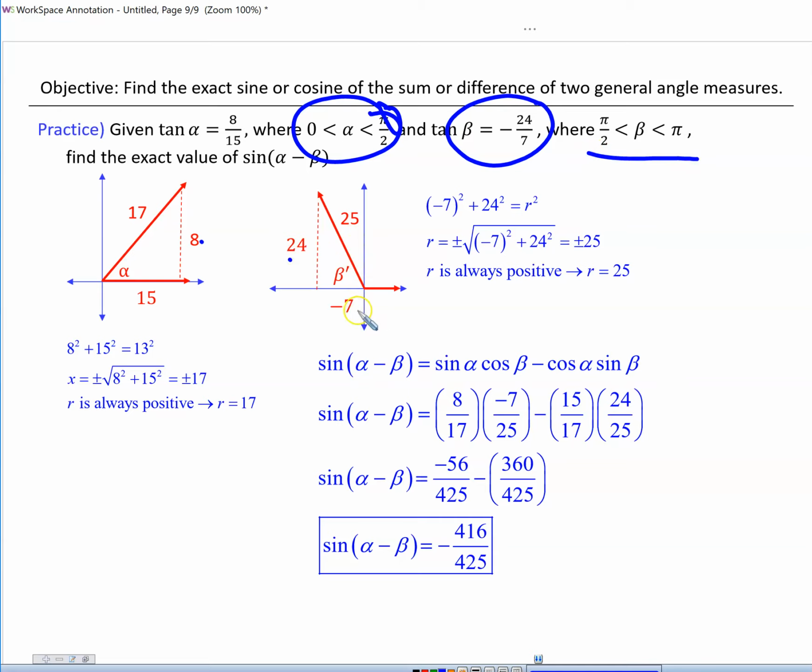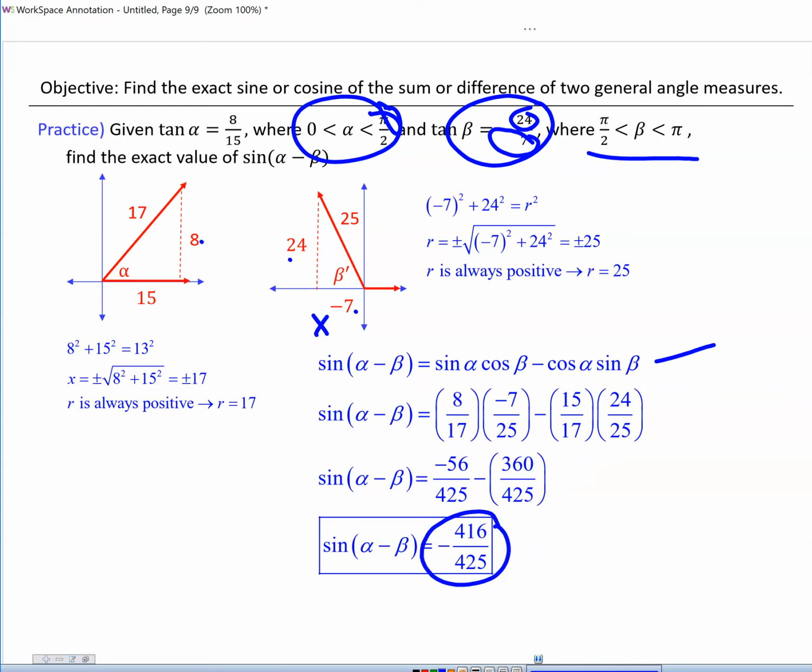Tangent is opposite over adjacent, but in quadrant 2, it is x that is negative. And so the 7 this time has to be the negative number. 24 has to be a positive value. And then this is a 7, 24, 25 triangle. We've seen that one before. Then your identity, plugging in each of your values for sine of alpha, cosine of alpha, cosine of beta, sine of beta, doing all your math, you get a negative 416 over 425.